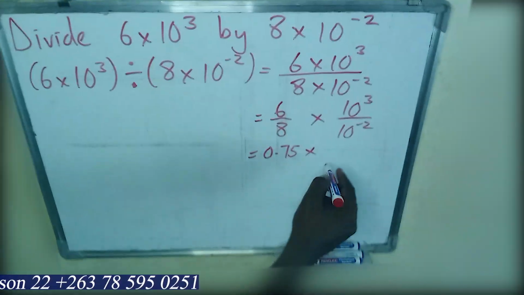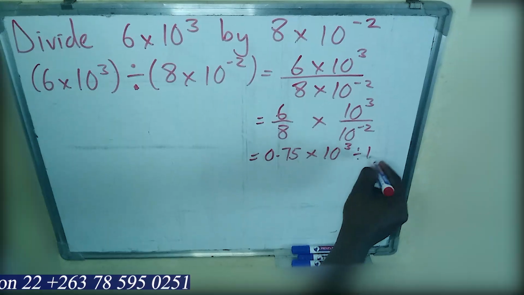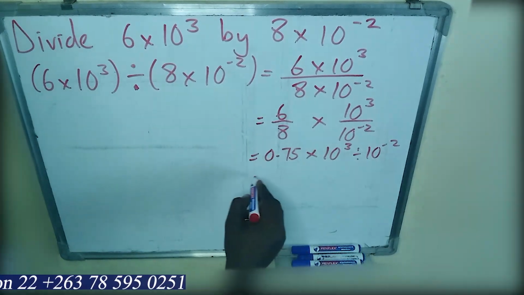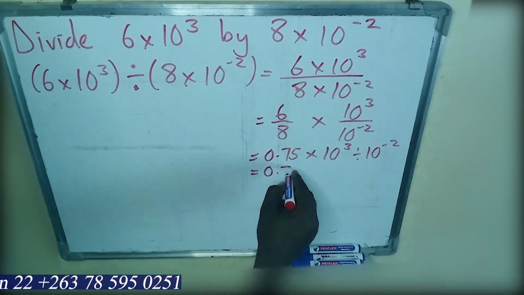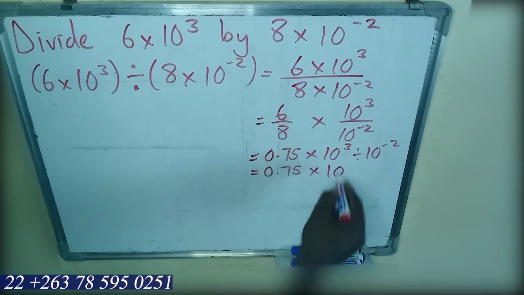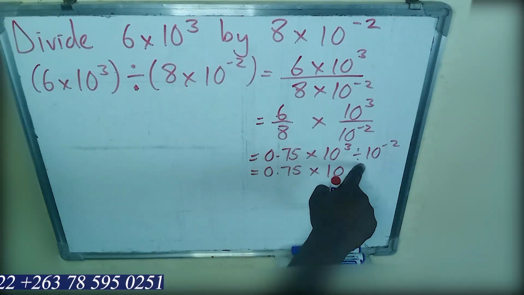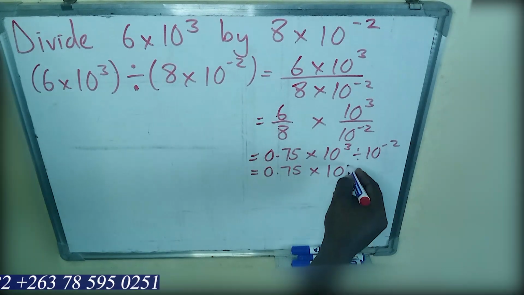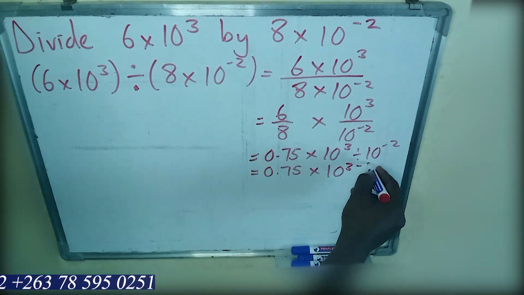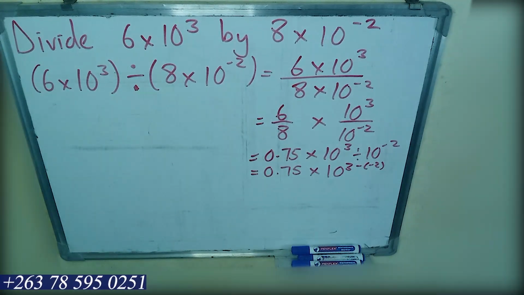These ones simply say 10 to the power of 3 divided by 10 to the power of minus 2. Take the common base, which is 10, and then you subtract the powers. There's a division sign there. You subtract the exponents: 3 minus minus 2.